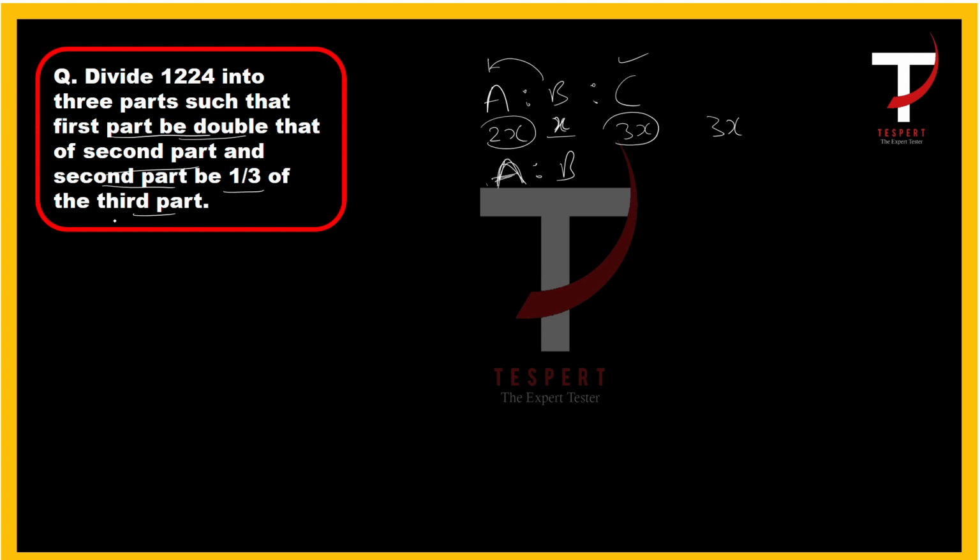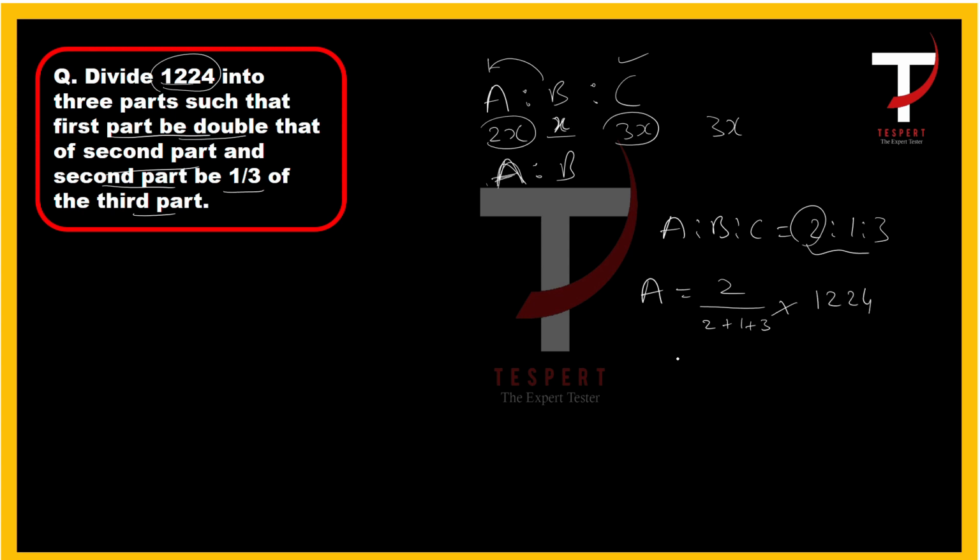So here we must divide this in this ratio. So A is to B is to C is equal to 2 is to 1 is to 3, right? So A is equal to, as we calculated in the previous slide, 2 by total parts, 2 plus 1 plus 3, into the total value 1224.